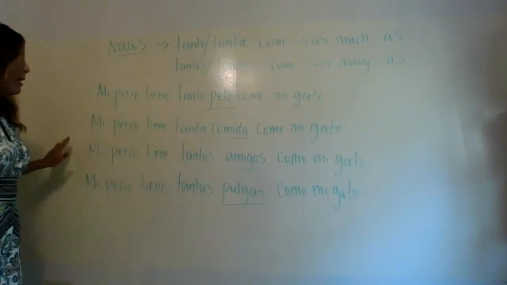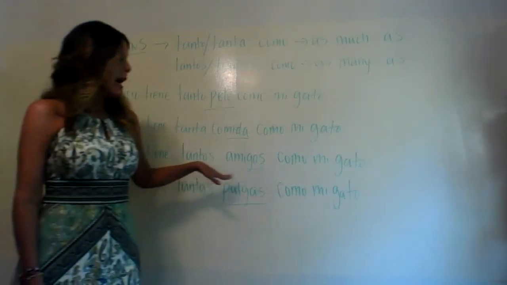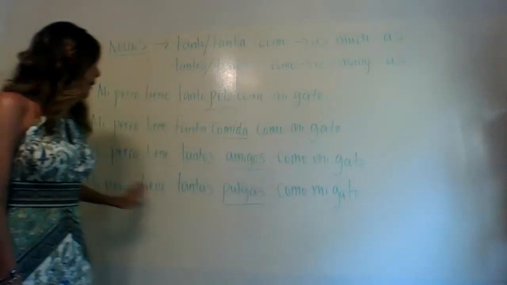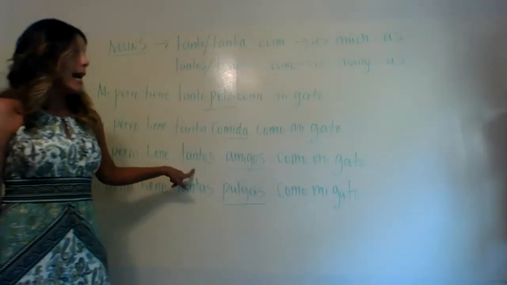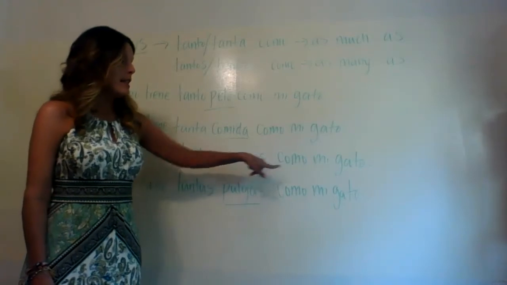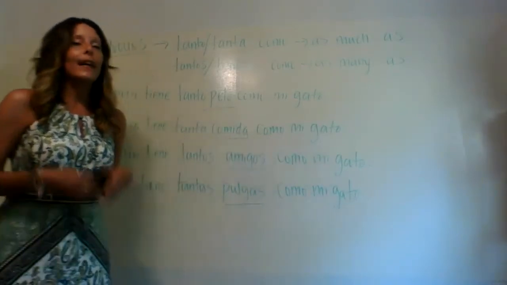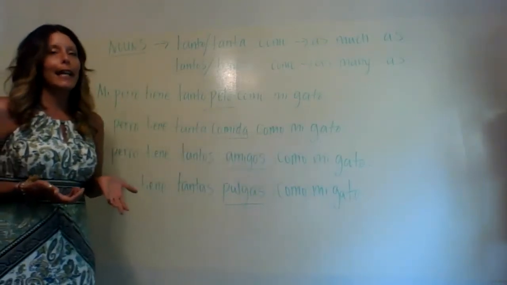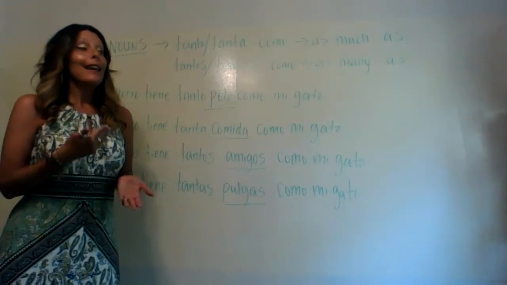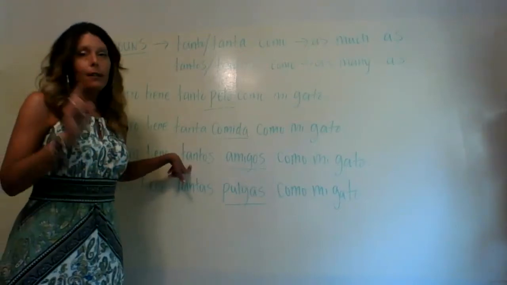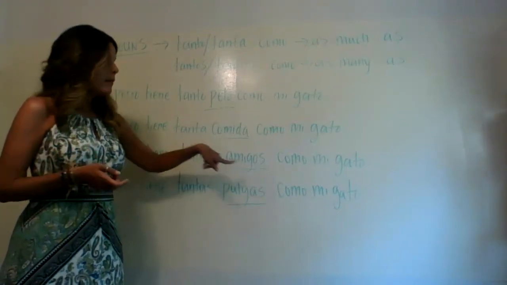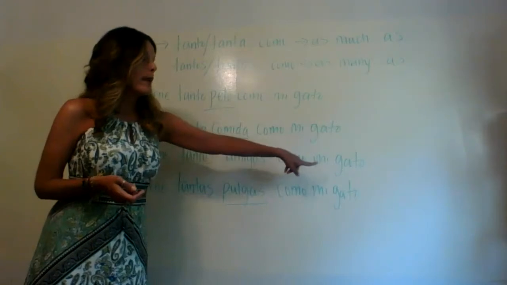So we have, mi perro tiene tantos amigos como mi gato. My dog has as many friends as my cat. Mi perro tiene tantos, masculine and plural, amigos como mi gato.